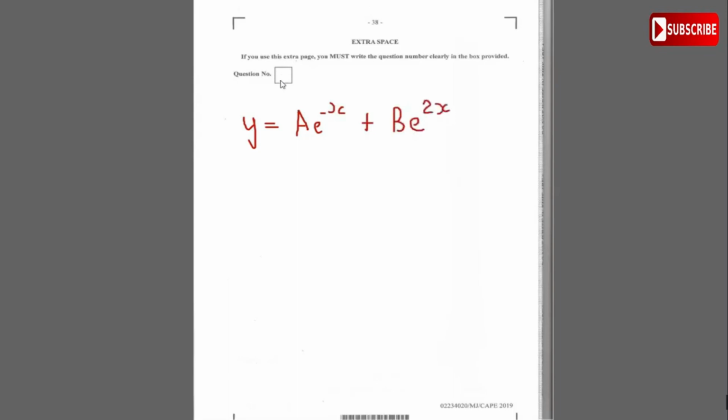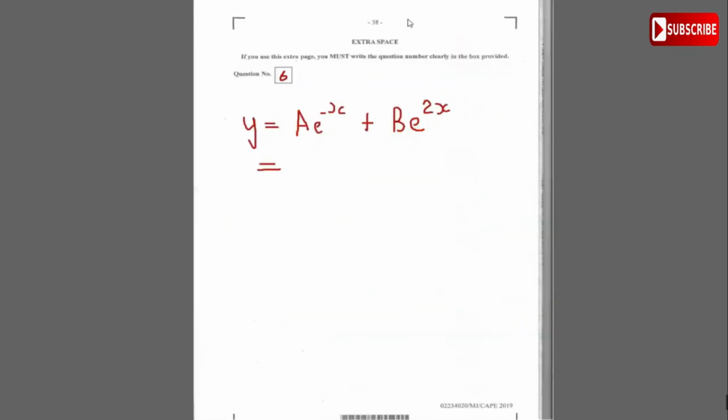Tell them that this is question number 6. That's going to be equal to what we said was a, and this is being multiplied by e to the minus x.